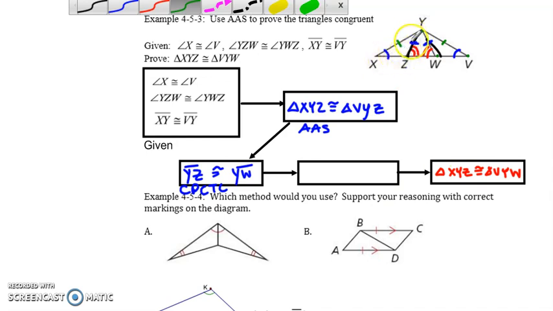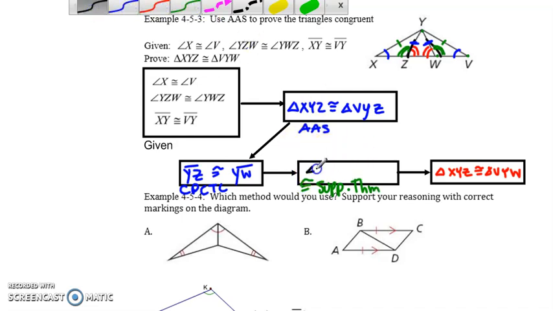We need angle, angle, side, or we need an included angle. And we can do that by our congruent supplements theorem, because these would be supplementary to that. This would be supplementary to that. The congruent supplements theorem says if they're supplementary to the same angle, then they are congruent.